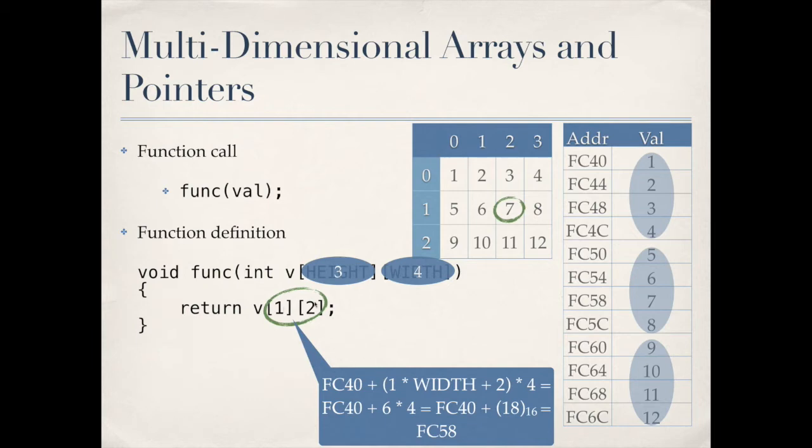So this means we have one row to skip, because we're referring to the second row, which is index 1.